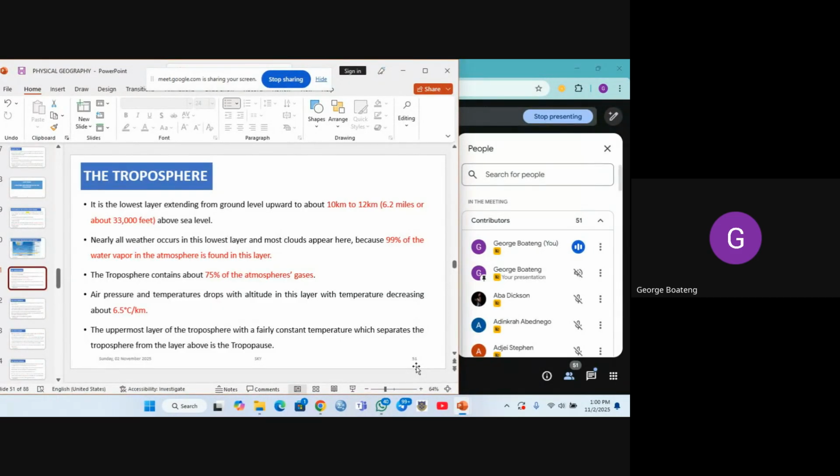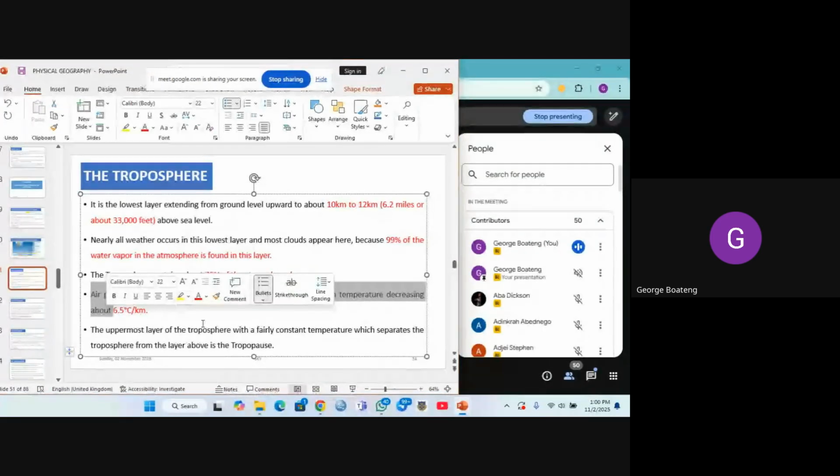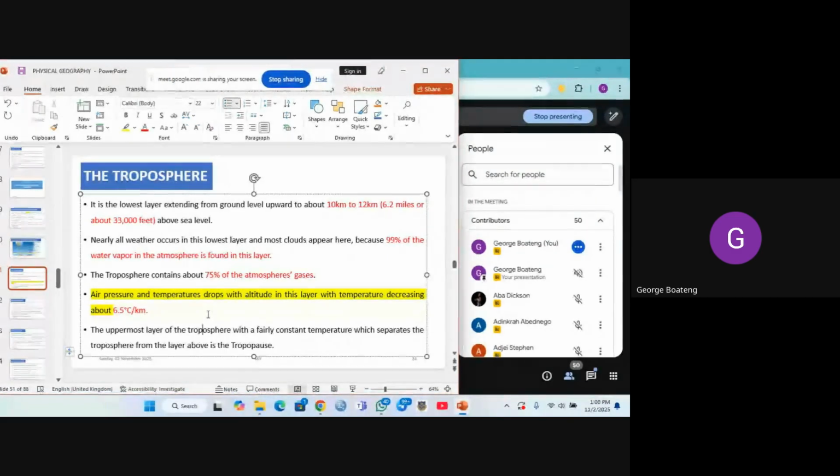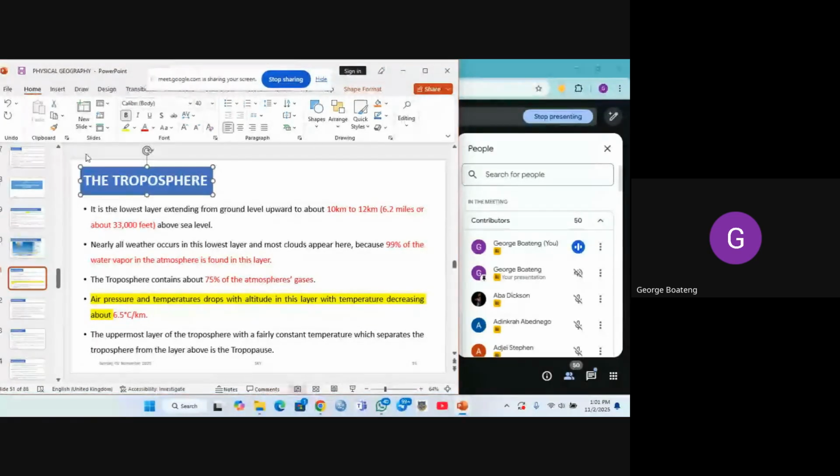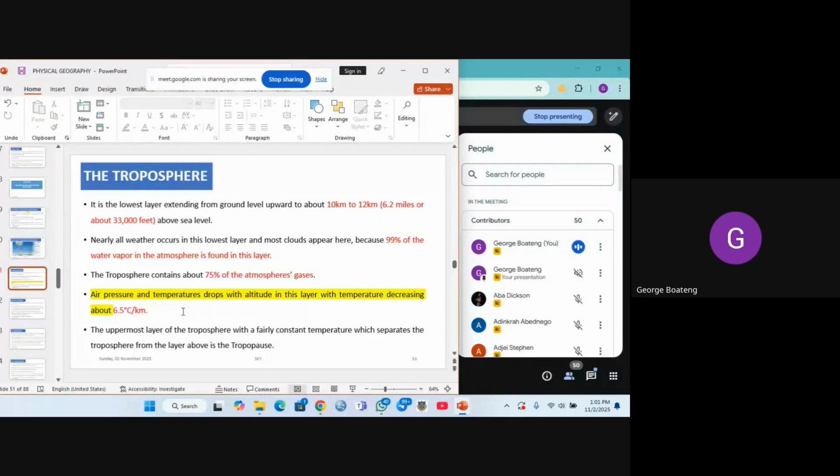That means anytime you go up 1 kilometer into the atmosphere, temperature will reduce by 6.5 degrees Celsius. Those of you who did geography in the basic SS, sometimes they will ask you such questions in objectives.